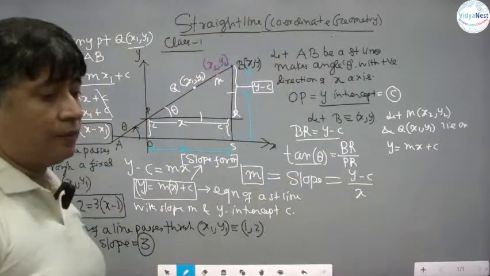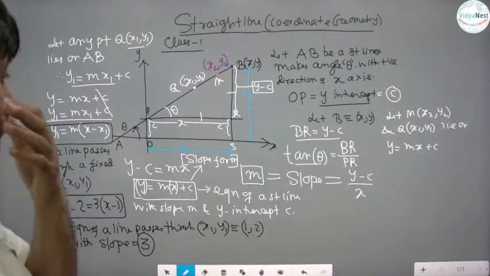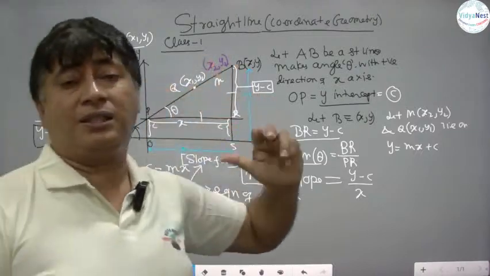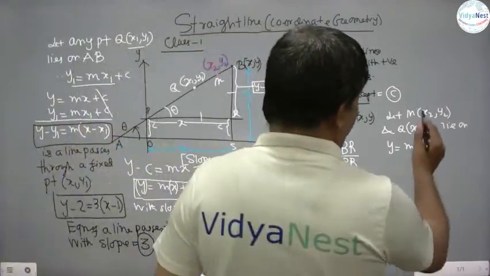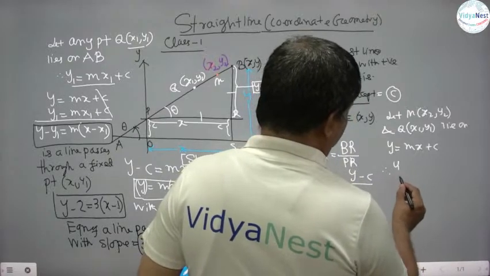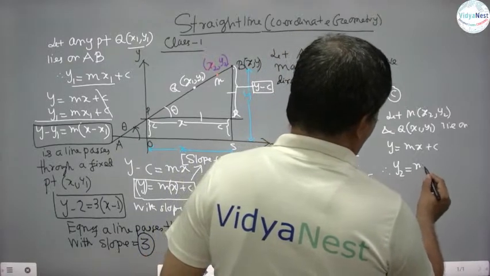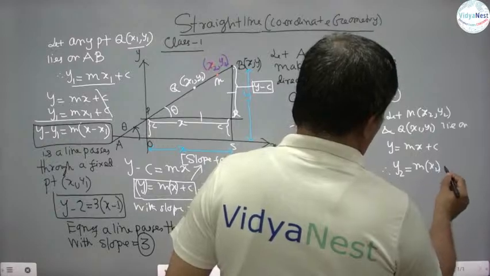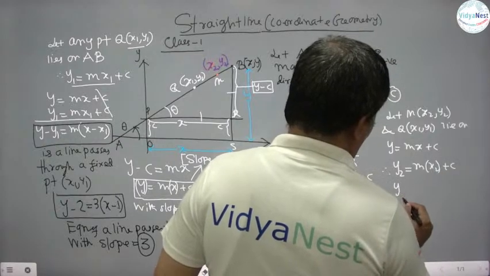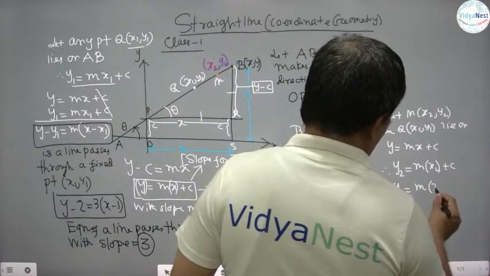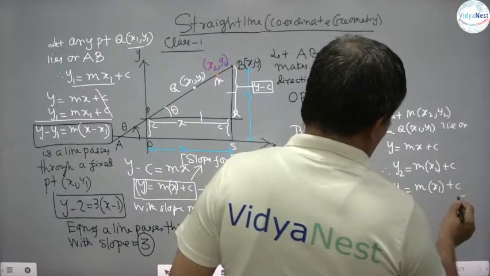Now both points will satisfy the equation. That means y2 is equal to mx2 plus c, y1 is equal to mx1 plus c. Subtract.